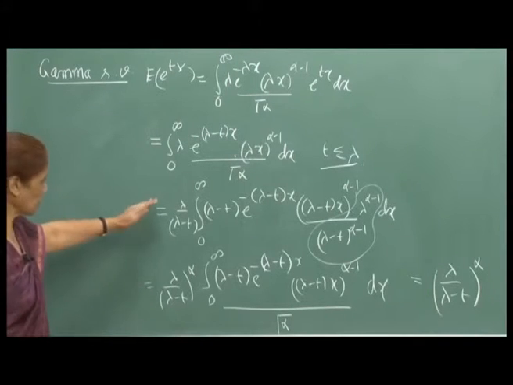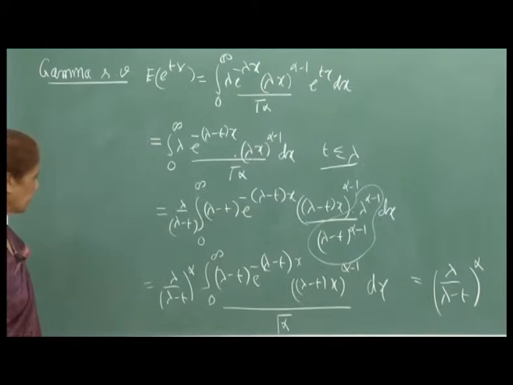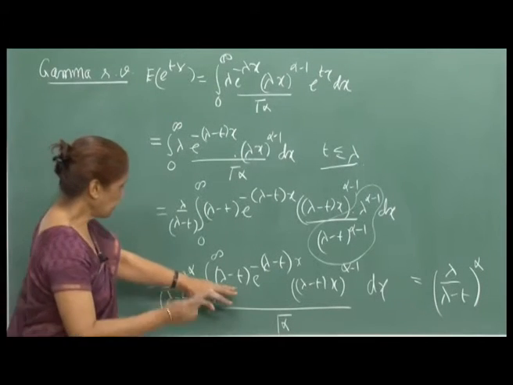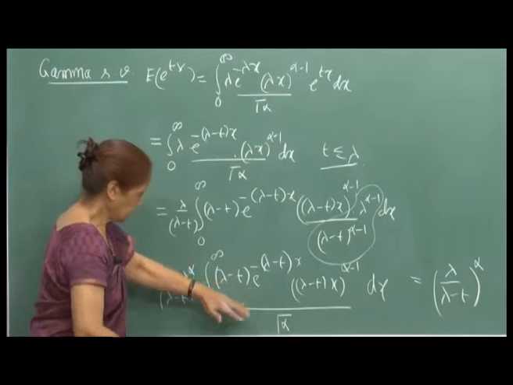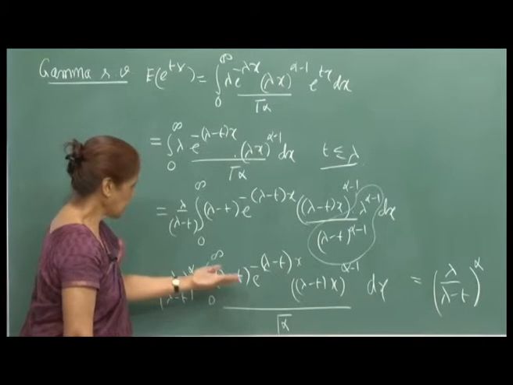The remaining portion is now the integral of the PDF of a gamma distribution with parameters lambda minus t and alpha. So instead of the parameter being lambda, it is now lambda minus t for any fixed value of t, and the parameter will change as you change t.